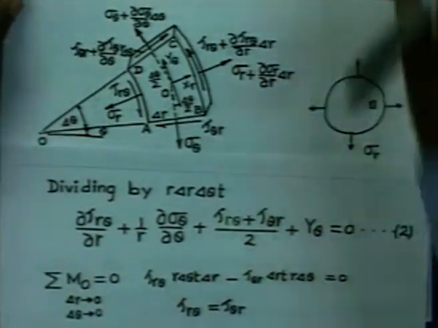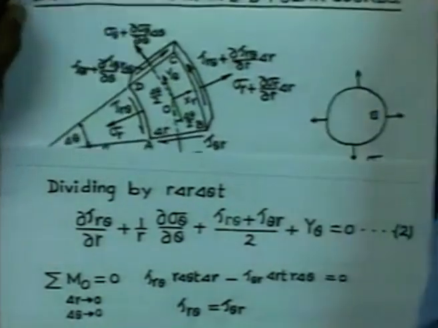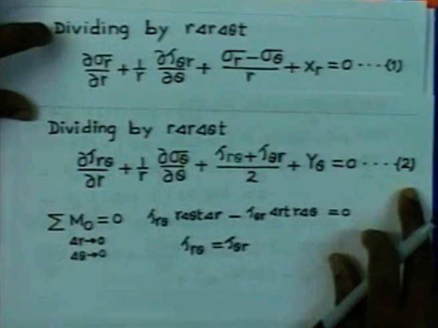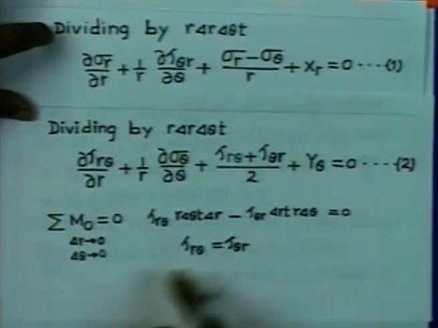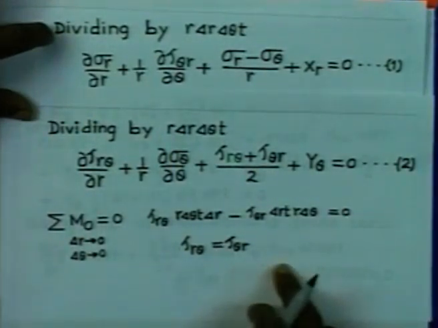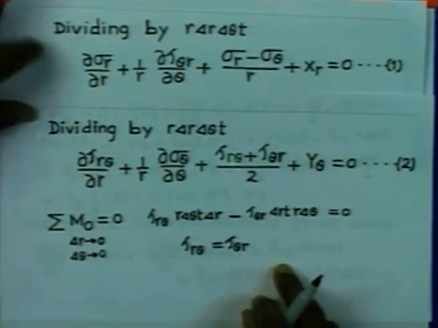To sum up the equilibrium equations here in polar coordinates, we have the first equation in the radial direction given by this one, the tangential direction equation, and the moment equilibrium equation gives us tau r theta equal to tau theta r.